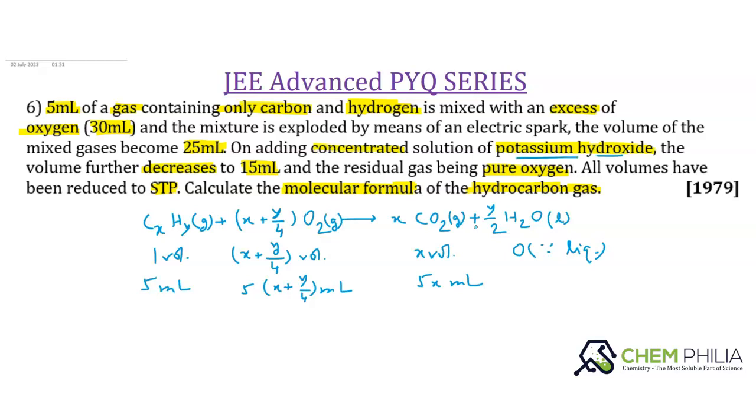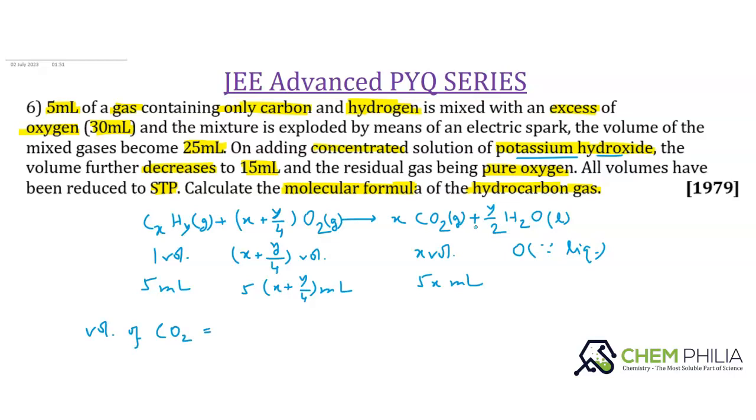When potassium hydroxide is added, it actually absorbs carbon dioxide. So if there is any contraction after addition of potassium hydroxide, that contraction is totally due to carbon dioxide. Clear? So from this data we can get the volume of CO2.